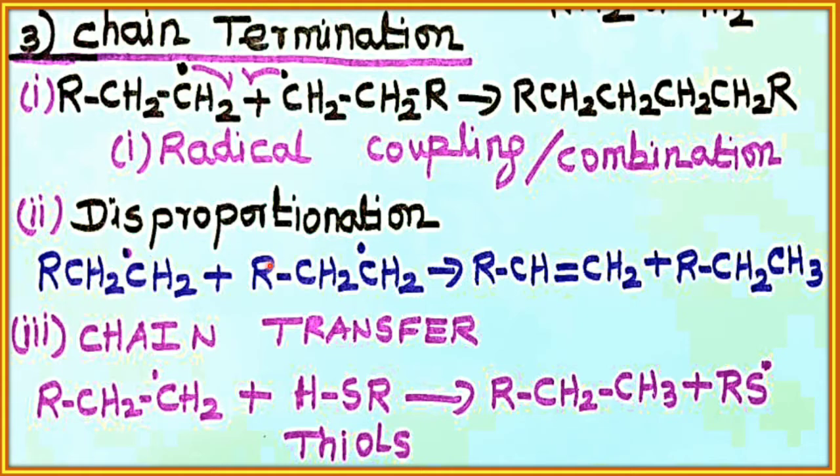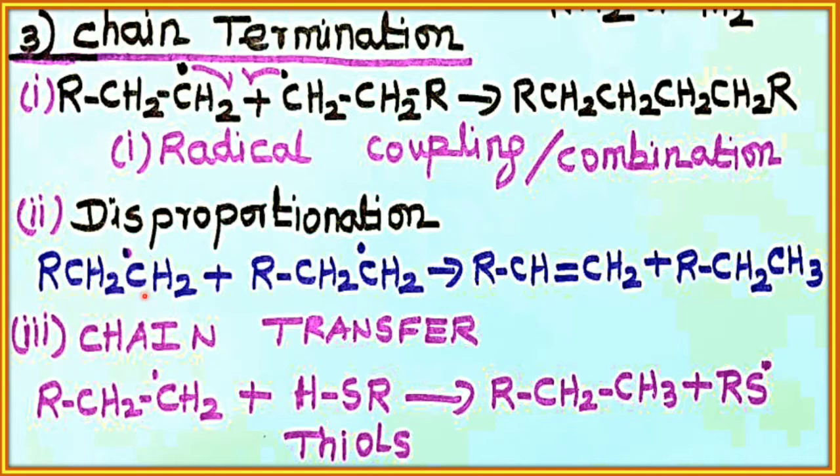In disproportionation termination step, the two polymer chain radicals undergo disproportionation reaction to give stable products.